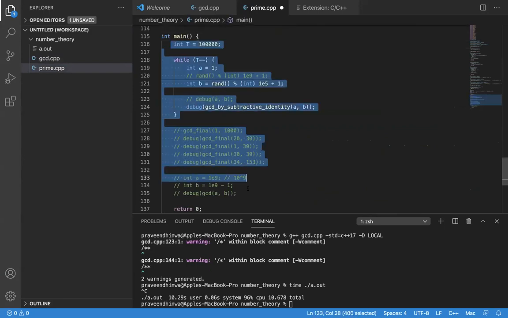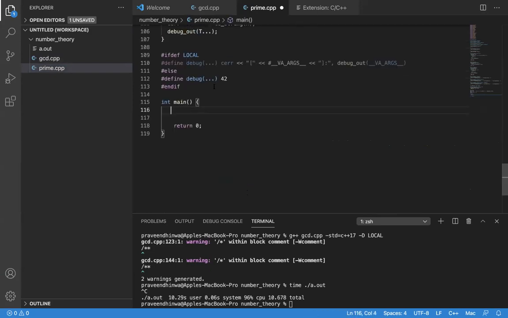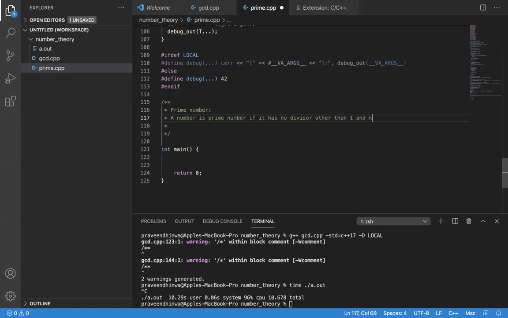So what is a prime number? A number is called a prime number if it has no divisor other than 1 and itself, let's say n.